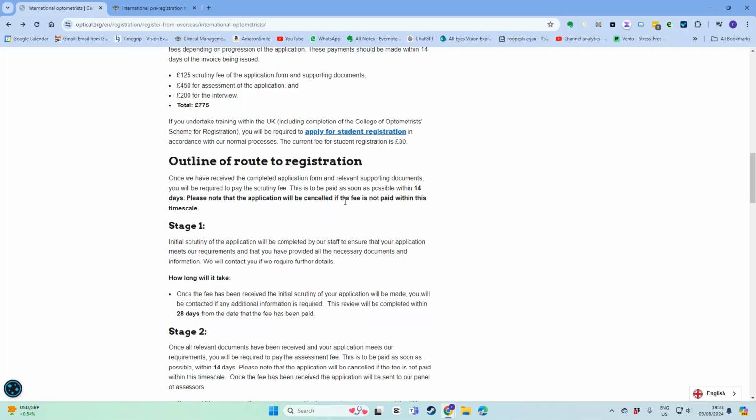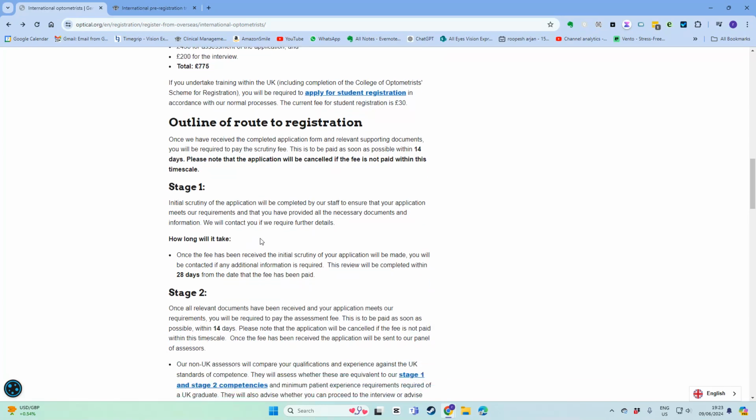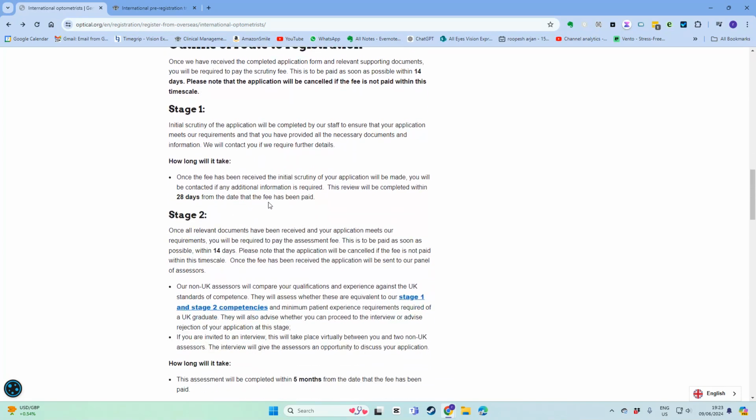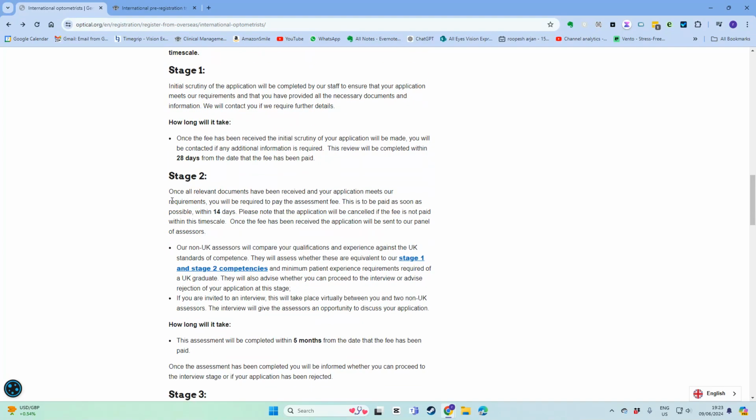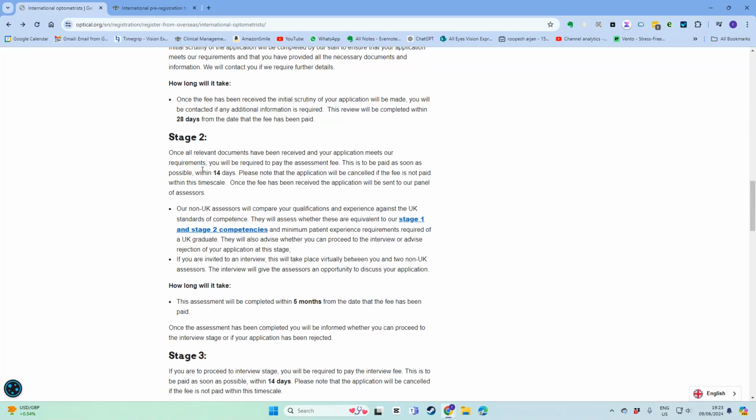So once you've completed it, you've got the scrutiny of the application to ensure that it meets the requirements, and you've provided the necessary documents. 28 days for the review, and then you get into the stage 2 part, where you have to complete the resident applications.